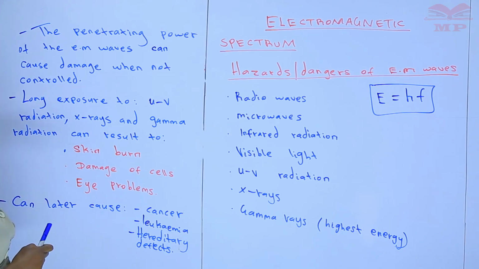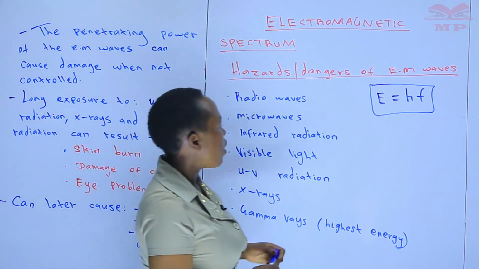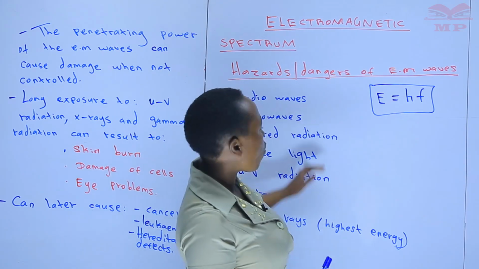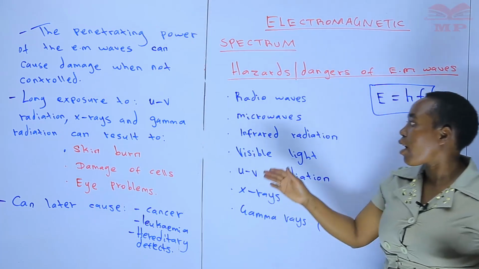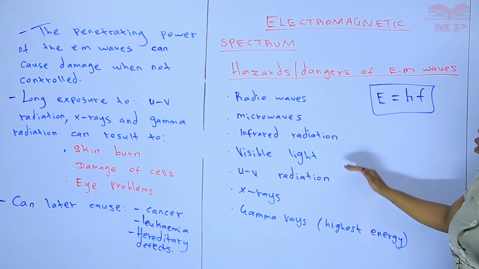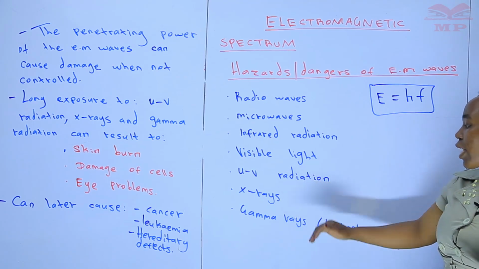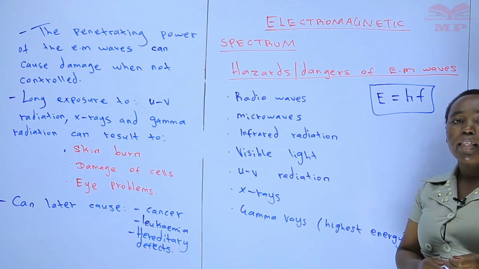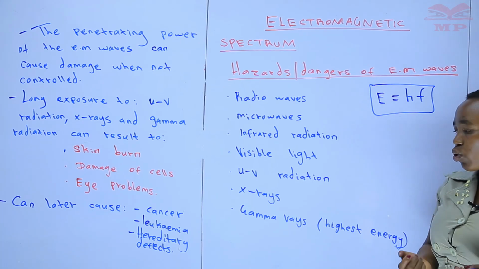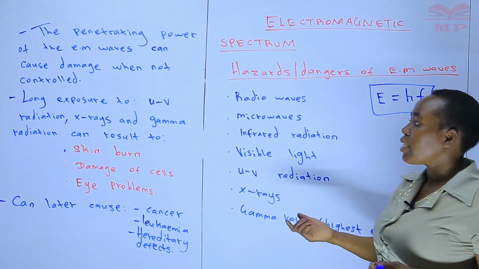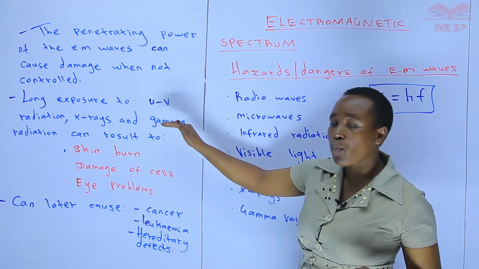So it is always advisable that when one is operating in a place where there is the emission of these radiations, and especially the UV radiation, the X-rays and the gamma rays, then we need to take some control measures to ensure that there is no long exposure.